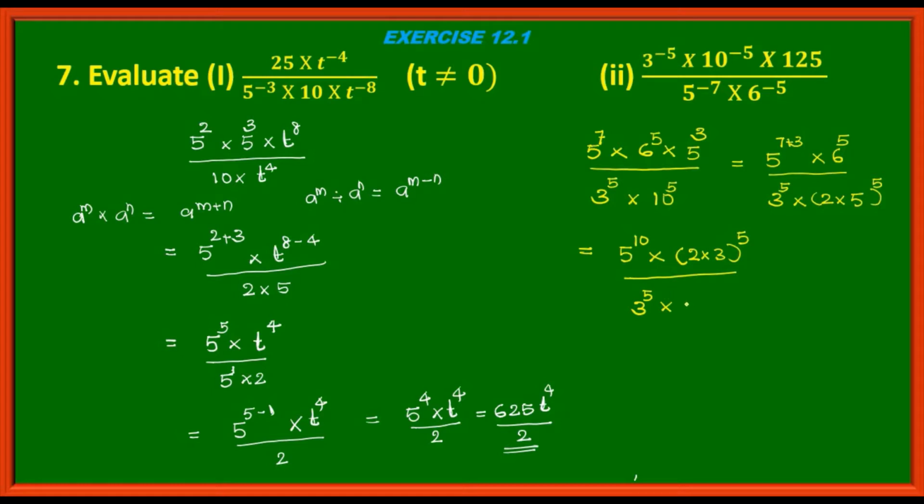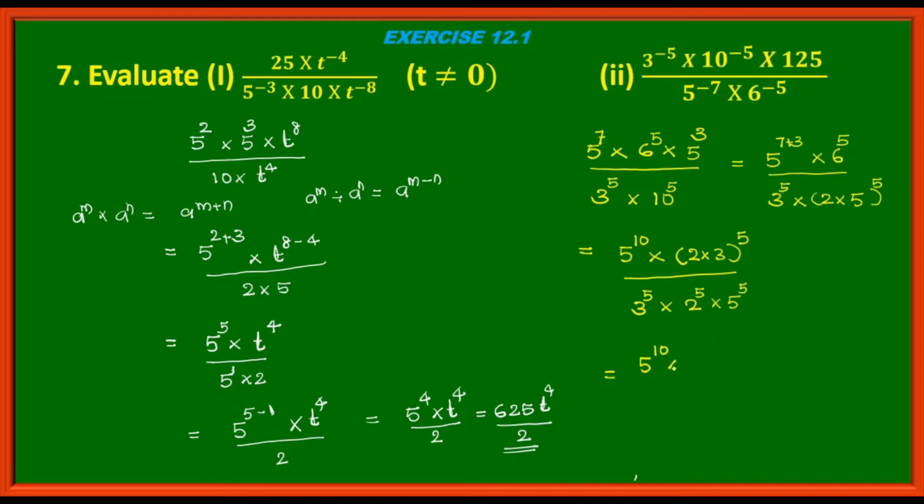We can write 2 into 5 whole raised to 5 as 2 raised to 5 into 5 raised to 5, and so the numerator has 5 raised to 10.